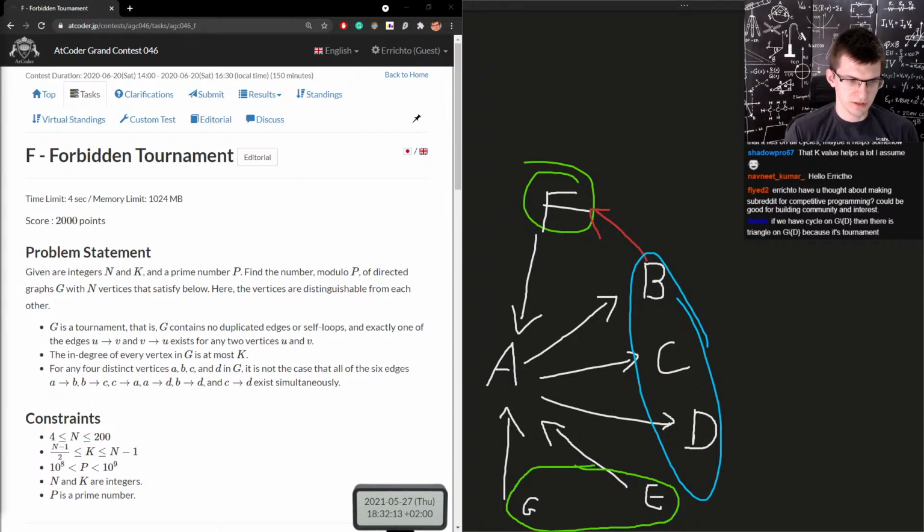If we have a cycle on G without D, then there's... oh.